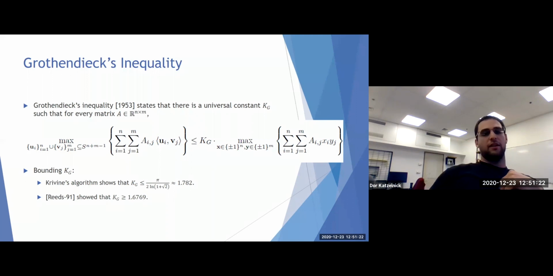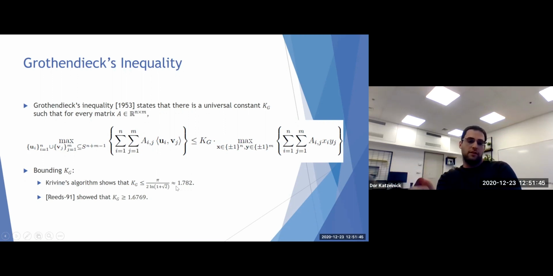I think he was mainly interested in this constant, KG. So he wanted to know what this constant is. So what do we know about it? We know from Krivine's work that this constant is at most 1.782.